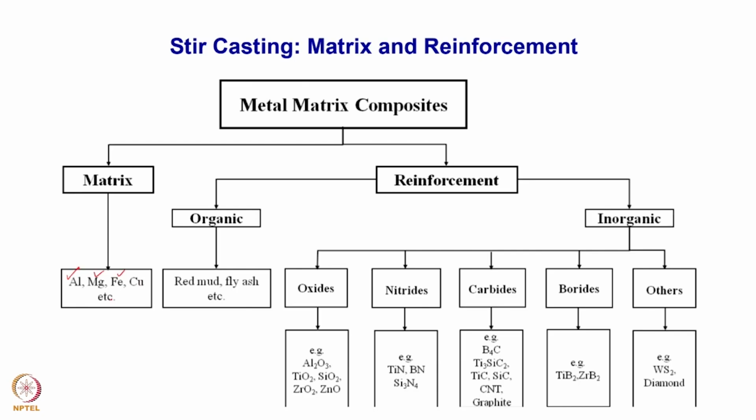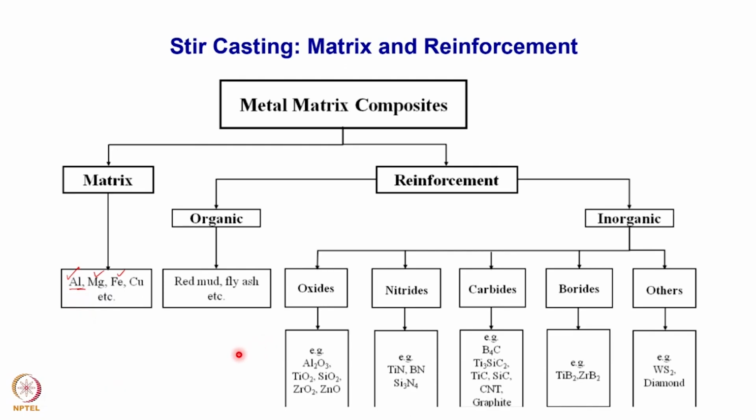So our concern here is the aluminium. Okay, and with regard to the reinforcement, you can see a variety of materials, primarily ceramics, are used for making the composites with the help of this stir casting method.